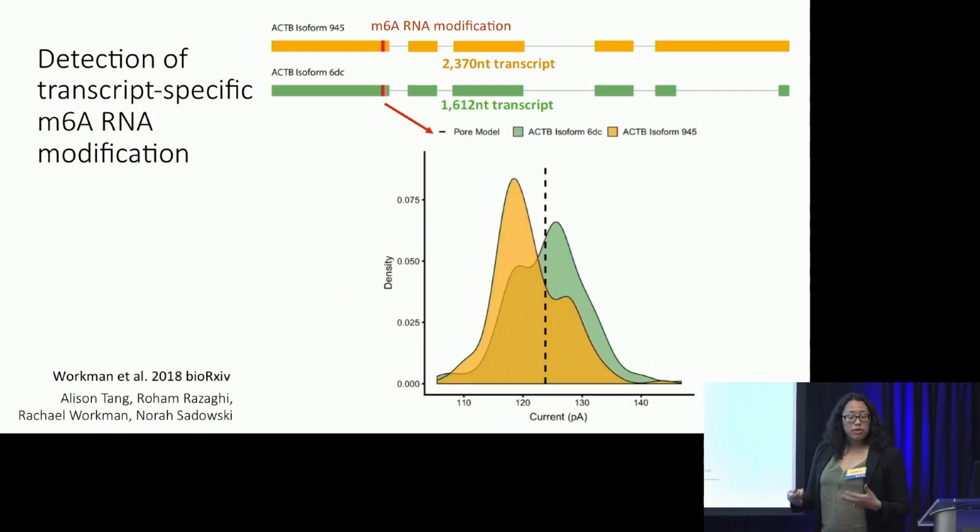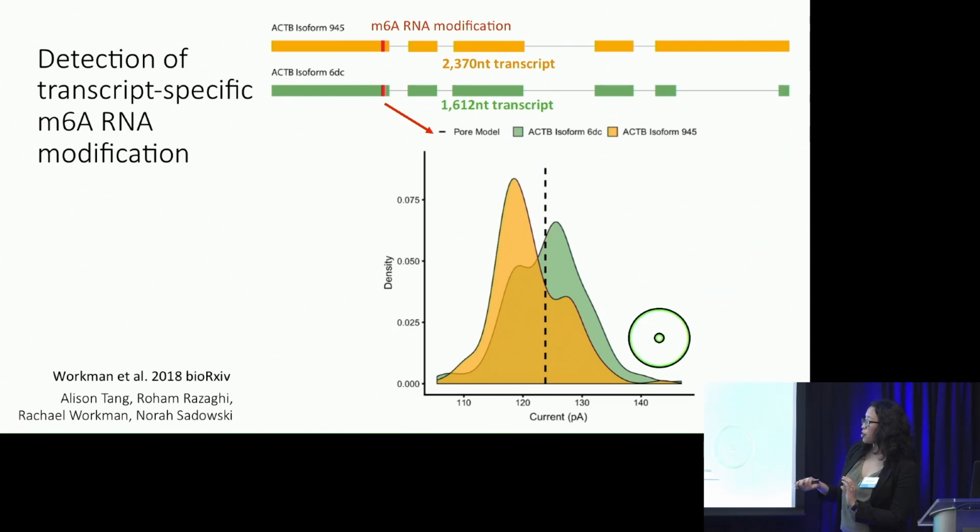So, but with Nanopore direct RNA sequencing, we are able to see a difference in the types of current that's happening at this location. And because we have long reads, we can more confidently assign which RNA molecule had that type of modification.